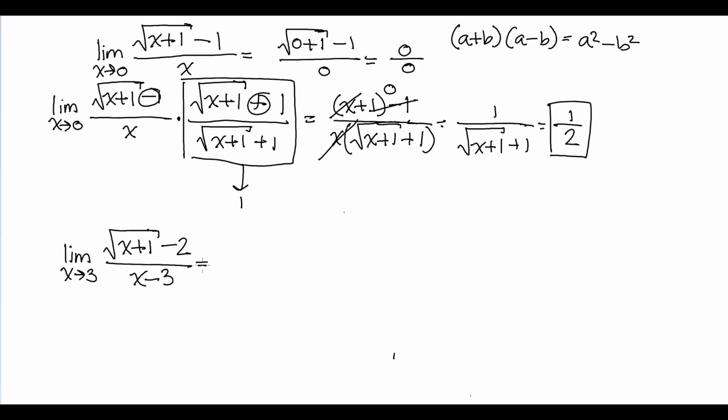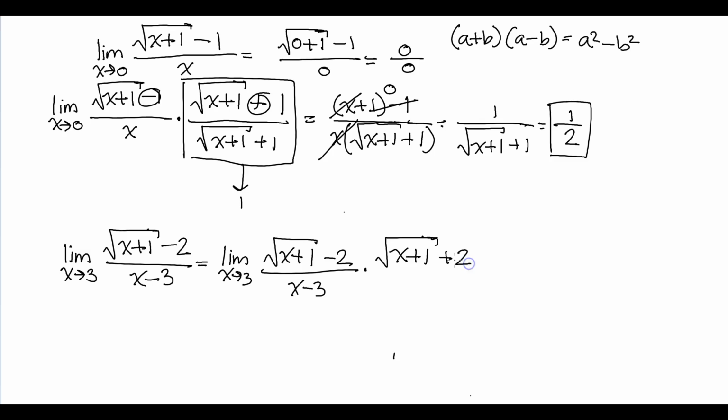So what you can do is a little rationalization. The limit as x approaches 3 of the square root of x plus 1 minus 2, over x minus 3. Through rationalization, we multiply by the same thing except with the opposite operation, so we can get this magical result.